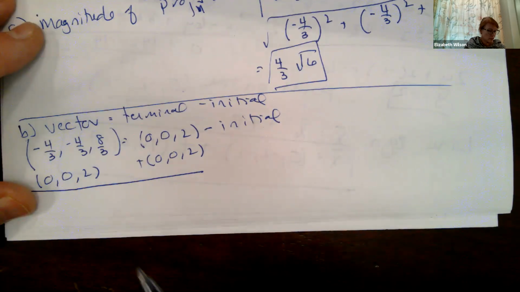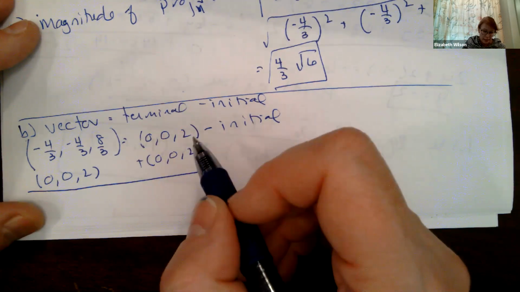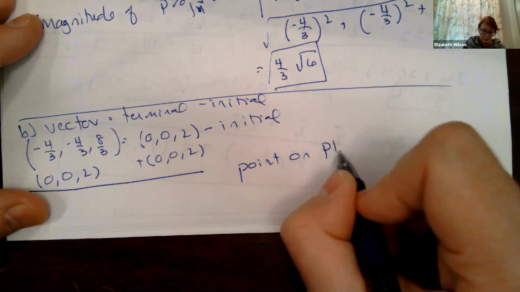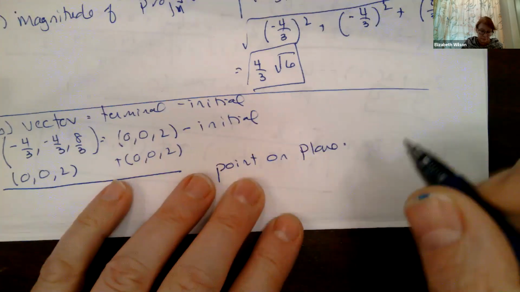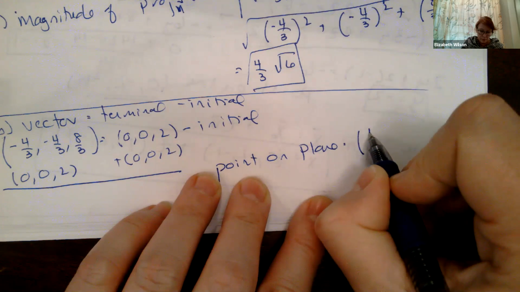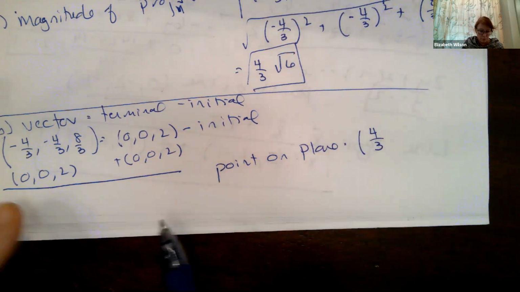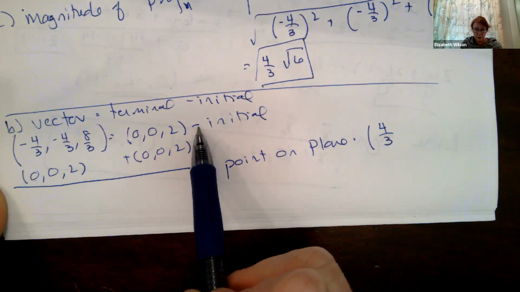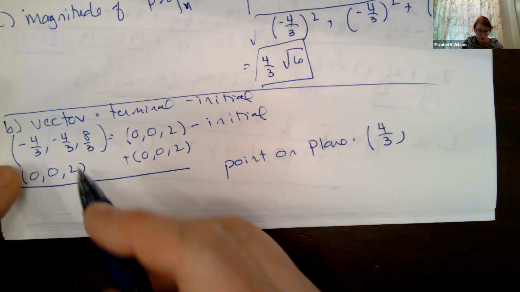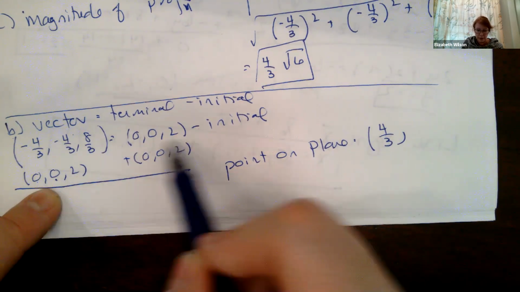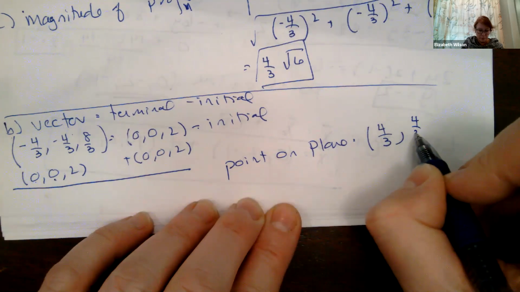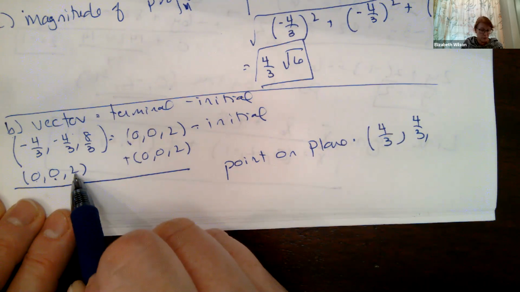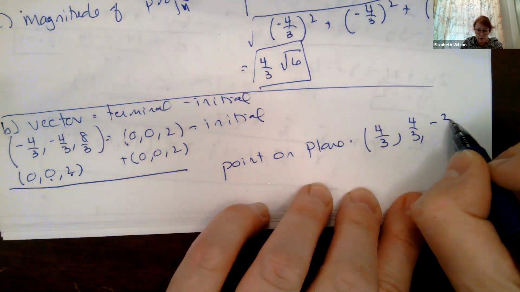So I'm going to add these two, and then I'm going to get point on the plane is equal to 4/3, right? So that's minus 4/3 plus 0 multiplied by -1 gives me 4/3. Minus 4/3 plus 0 multiplied by -1 gives me 4/3. 8/3 plus 2 multiplied by -1, I'll let you do the math, is minus 2/3.